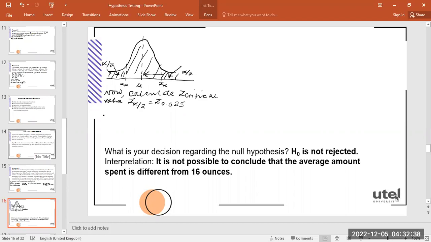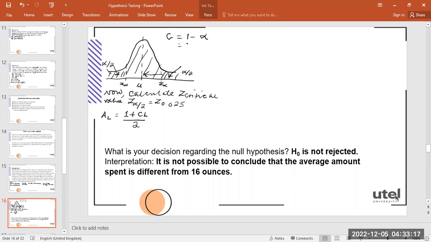So the area to the left can be given by this formula: 1 plus confidence level, divided by 2. And let us not forget that the confidence level is given as 1 minus alpha.